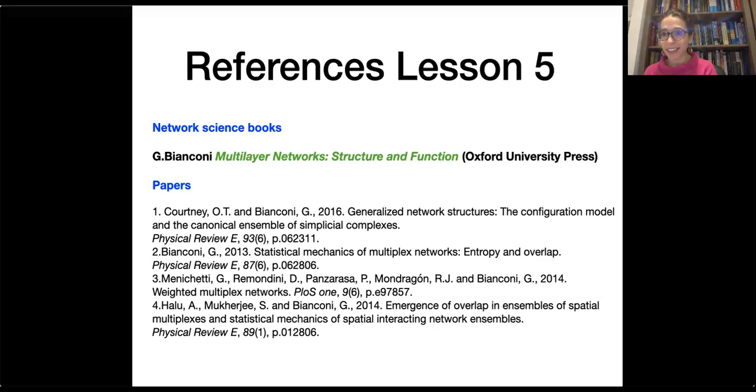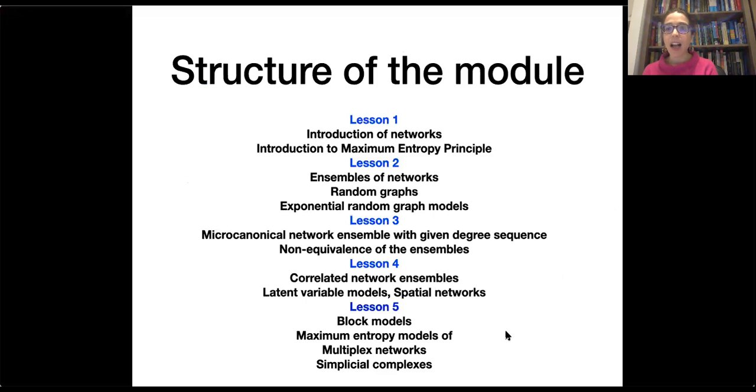So concluding here the set of lessons, in this module we have covered several lessons, going from the simple definition of a network and the maximum entropy principle to the basics of how we can construct network ensembles, microcanonical and canonical, and how we can include latent variables and then define spatial and block models.